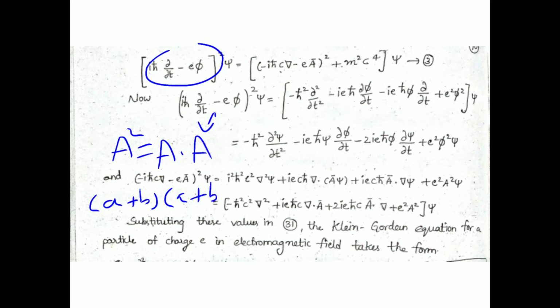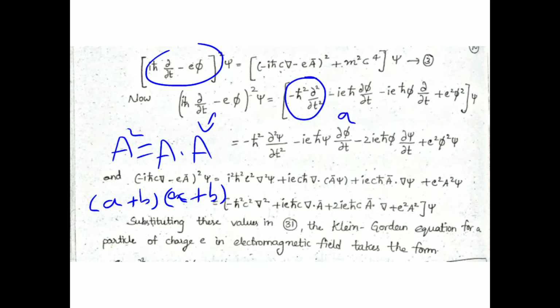Since this is an operator form, order is very important, whether it is AB or BA. So first, a into a, that is (i h-cut ∂/∂t) whole squared, we would have. Next, a into b, AB.